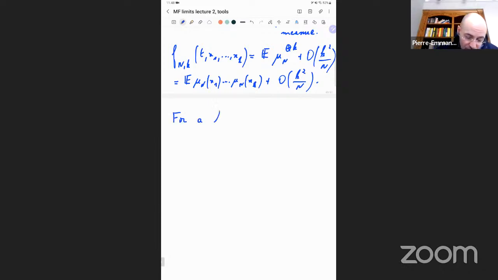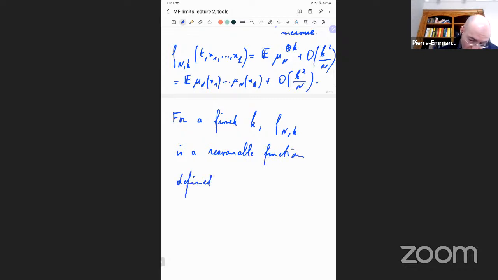Now, for a fixed k, Fnk is a very reasonable function, defined in a fixed and finite dimensional space.